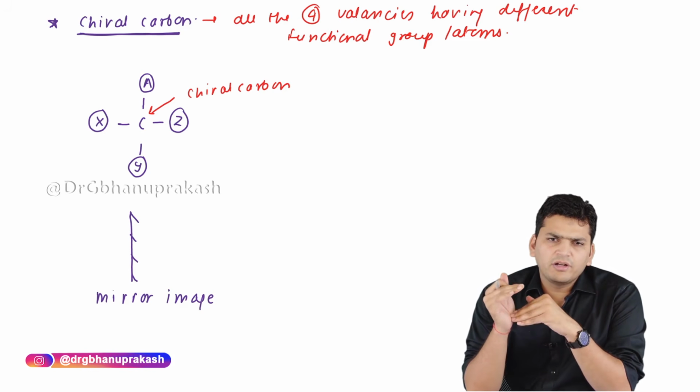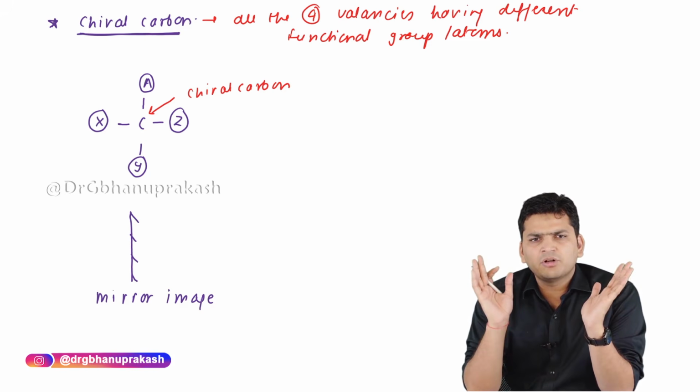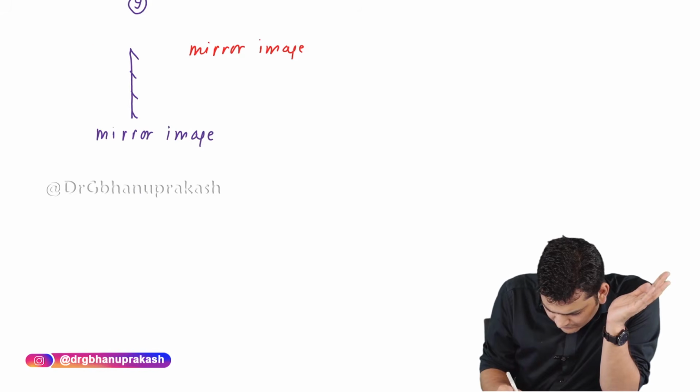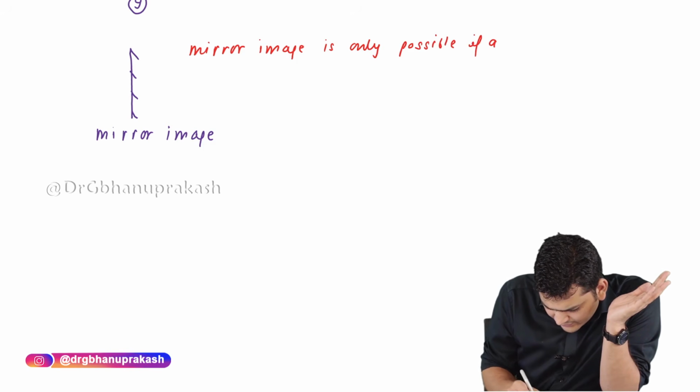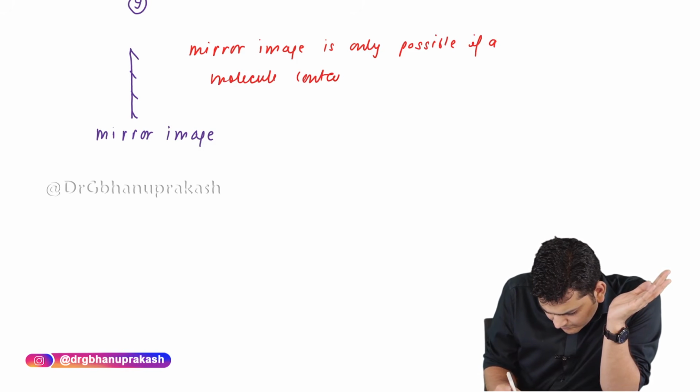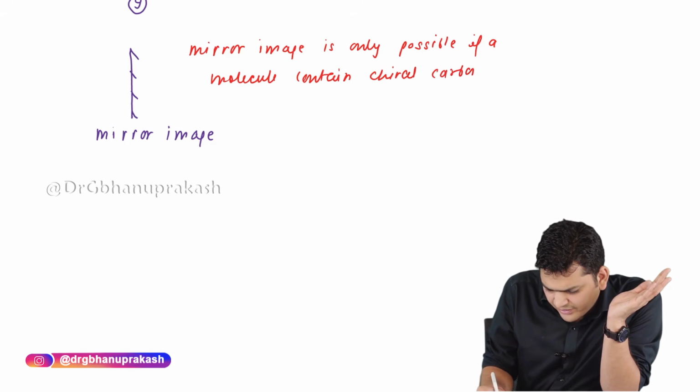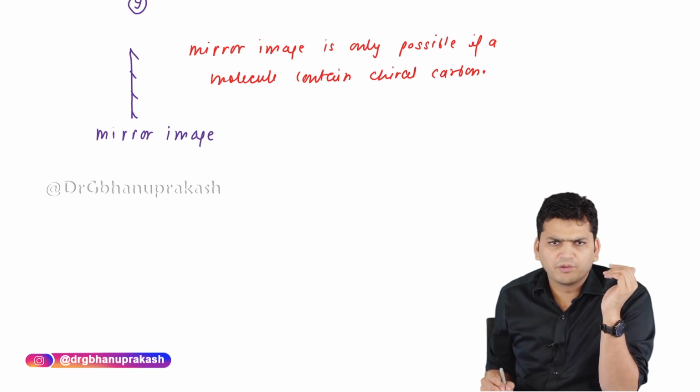If the molecule does not contain a chiral carbon, then the mirror image is not possible. It is only possible if a molecule contains chiral carbon.